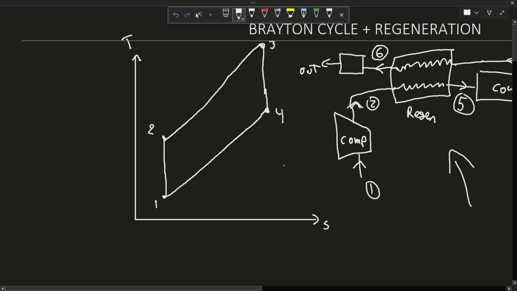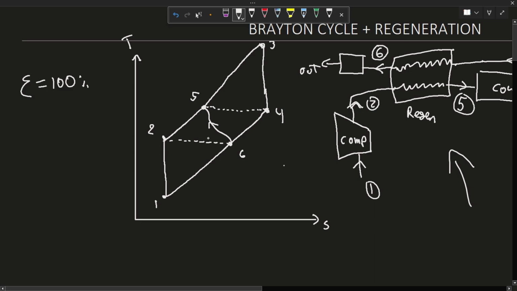For the regeneration cycle, you're going to consider these lines over here, because some of the turbine heat is going to be used. In all of your problems, you're going to have a regeneration efficiency. If it is at 100%, step 6 is exactly the same temperature as step 2, and all of that heat is going to go back.